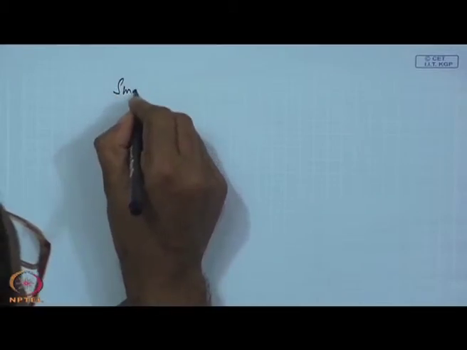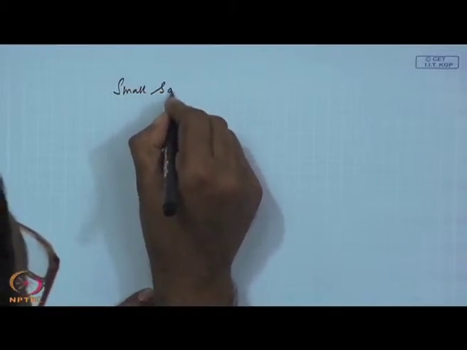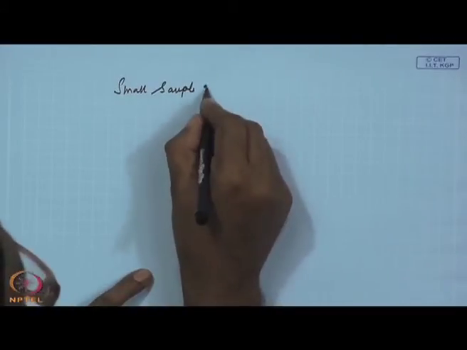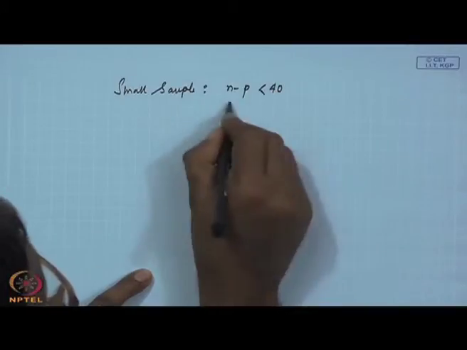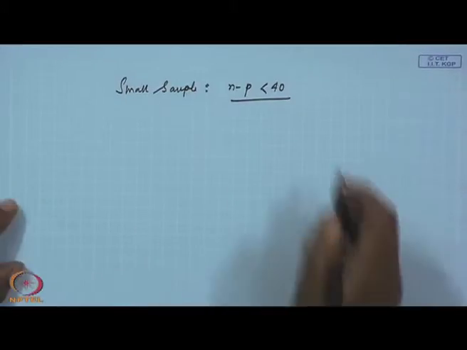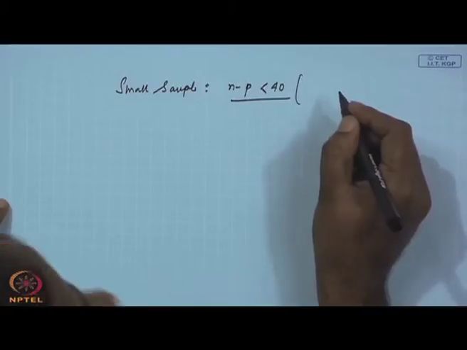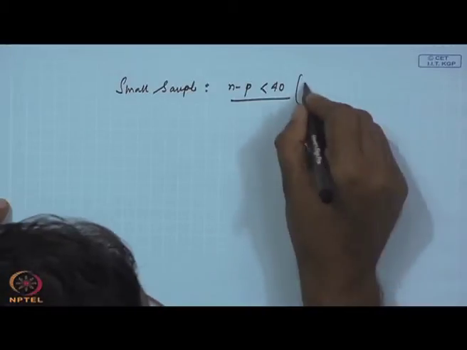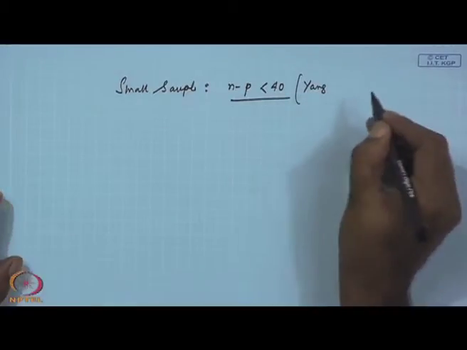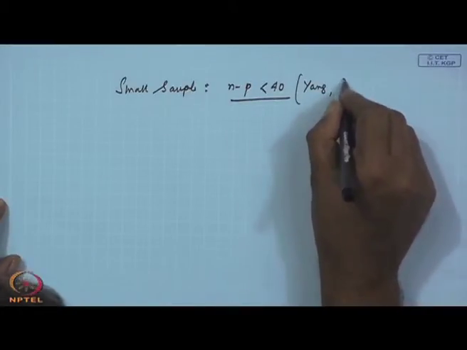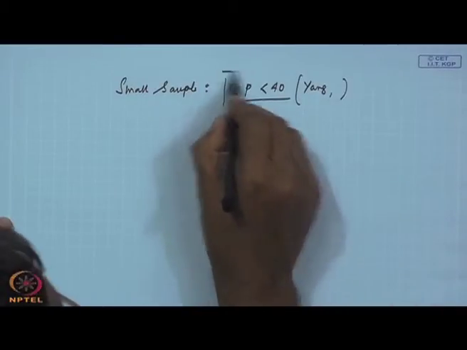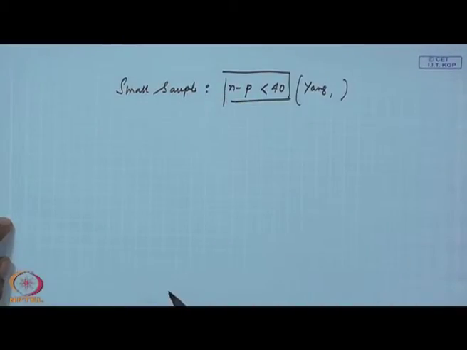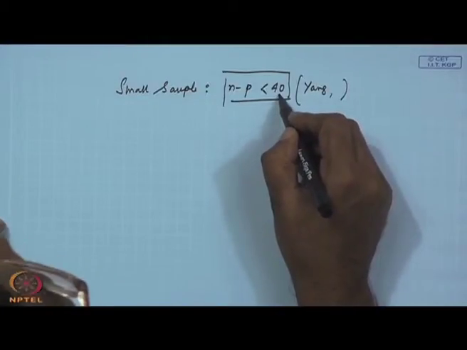So, you go for a small sample. Here we are saying small sample means n minus p less than 40. This I have seen in the book by Young and one more professor, Applied Multivariate Modeling in Quality Management.